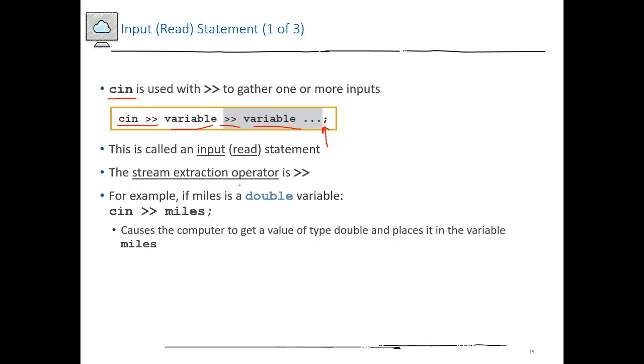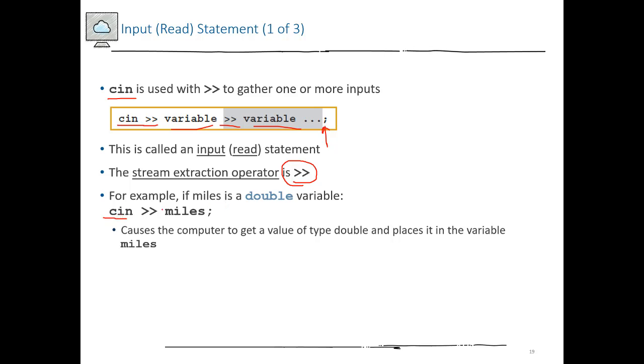And the stream extraction operator is this. So you can abbreviate it SEO, or you can say cin. I prefer cin because it's a lot easier to say. In your vocabulary, if you use cin, people know what it means. It's an input read statement. It's going to have two greater than symbols.